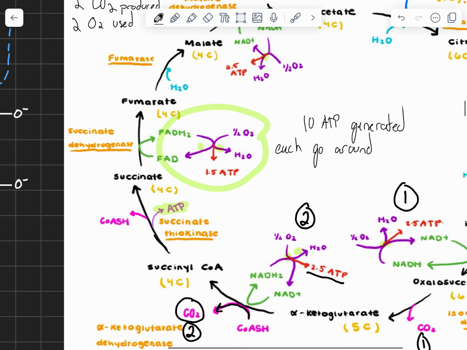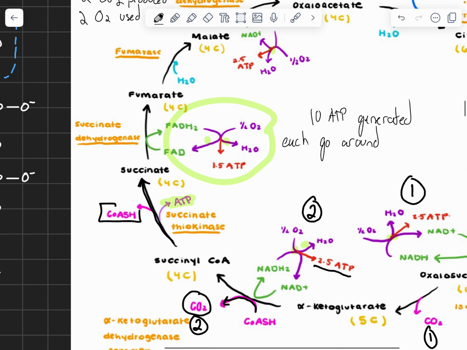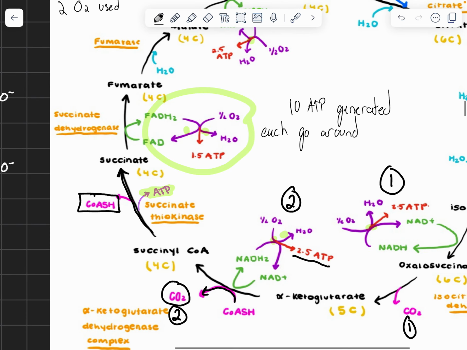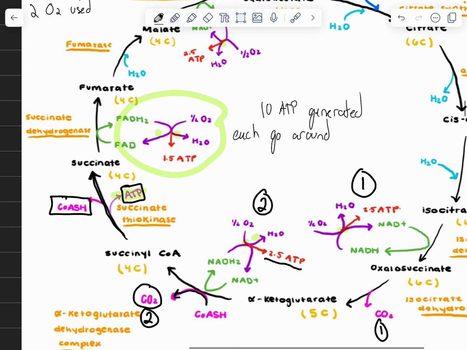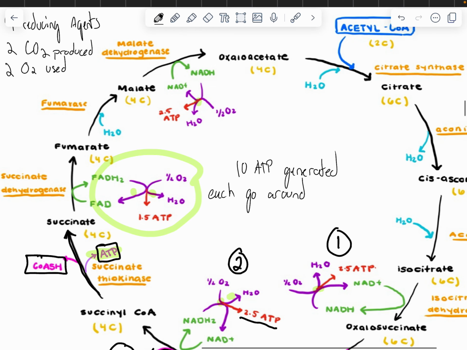And then what I want you guys to pay attention to right here is succinyl-CoA going to succinate. We produce a CoASH. We get rid of that B vitamin. And then we also just produce a singular ATP right here. And keep that in mind because we have 4 redox reactions going on that are producing ATP for us, but we also have this random ATP popping out right there.